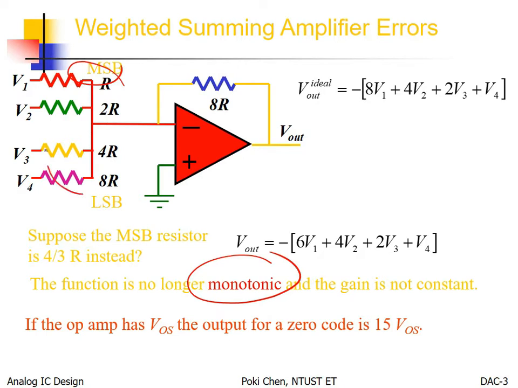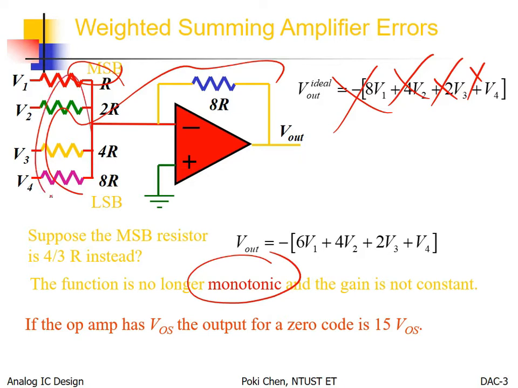No, everybody. After that, wow, it is not 8, not 4, not 2, not 1. So what is the result? Let's wait and see. Again, the more bits, the more errors and inaccuracy you need to face after fabrication. Not only the resistors will go wrong, even the op-amp itself will also.